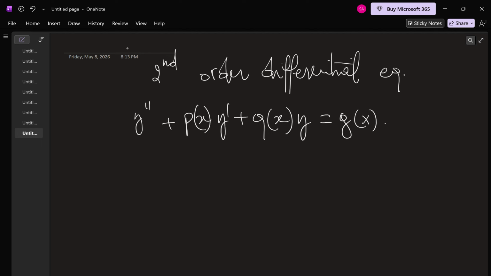Okay, so in this case this is a second order differential equation which is non-homogeneous.